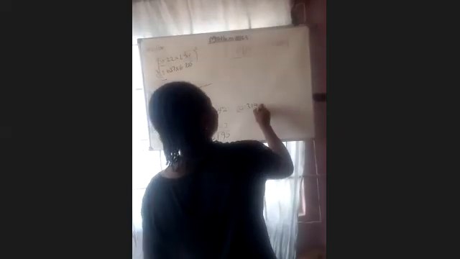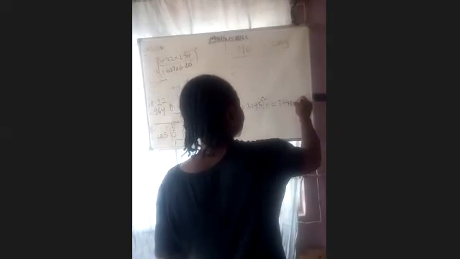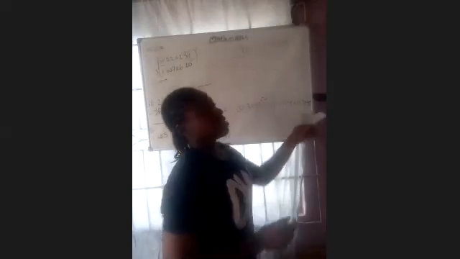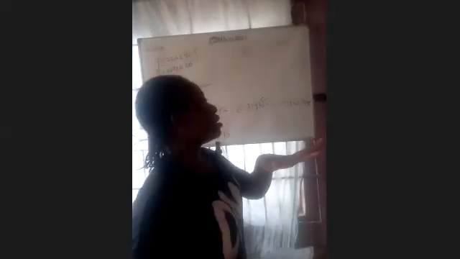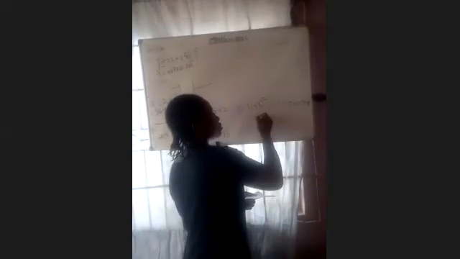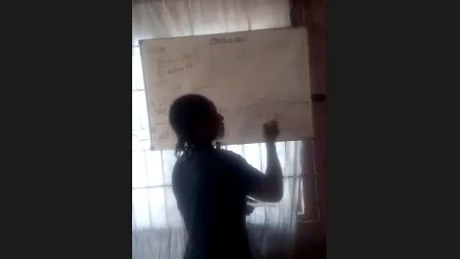Okay, let me try to explain. What we have here is 0.3195 squared, which is 0.3195 times 0.3195. Now, when we use the logarithm rule, multiplication changes to addition. So this becomes 0.3195 plus 0.3195.